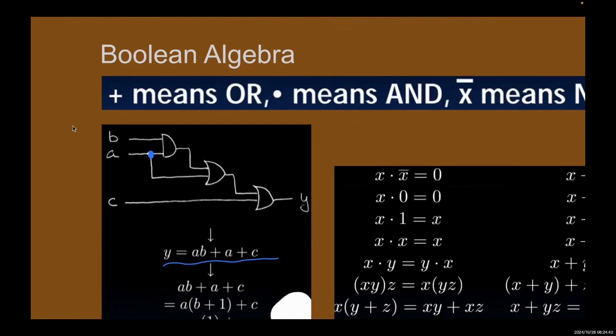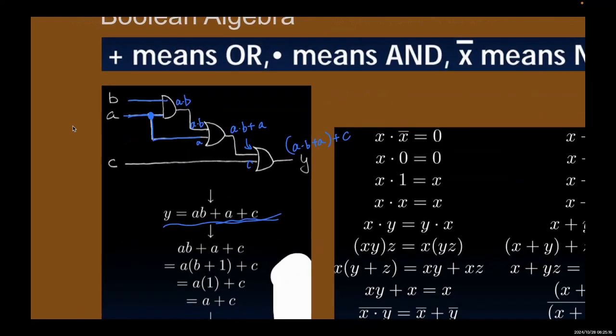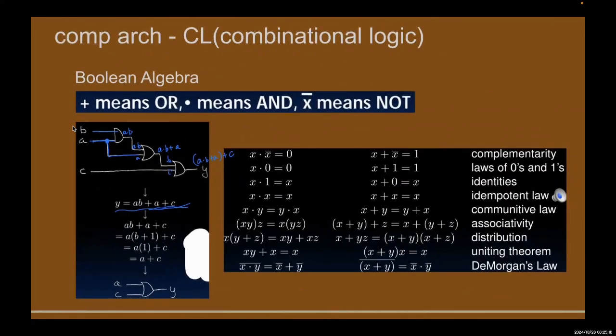So this is A and B. This is A and B here, and A also goes here. So this is A and B plus A, and C goes here, and the output is A and B plus A, or C, which is AB plus A plus C. And we can simplify it.